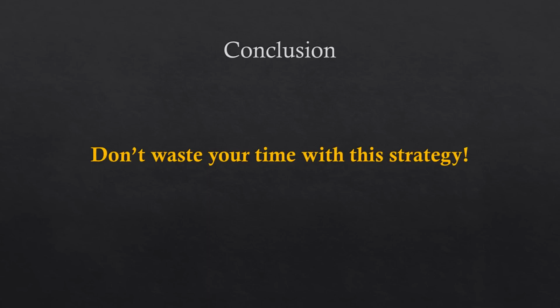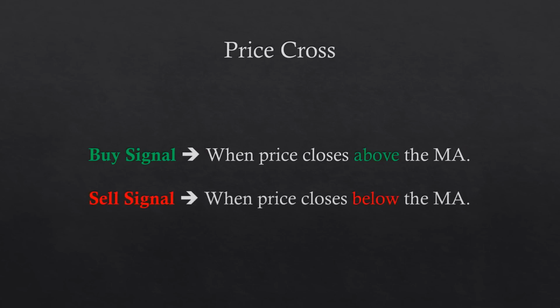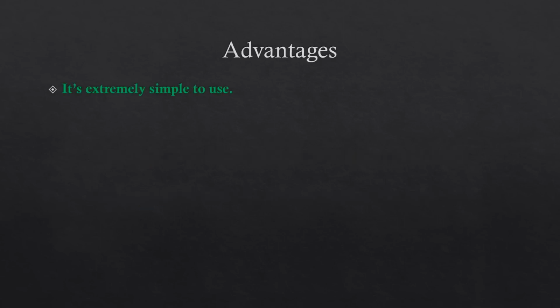The next common technique we're going to analyze is the price cross. This is also extremely simple. The buy signal happens when price closes above the moving average, and the sell signal happens when the price closes below the moving average. Once again, the only advantage of this technique is that anyone can apply it because of its simplicity. You can take a person who has never heard of trading and teach her how to do this in less than an hour.